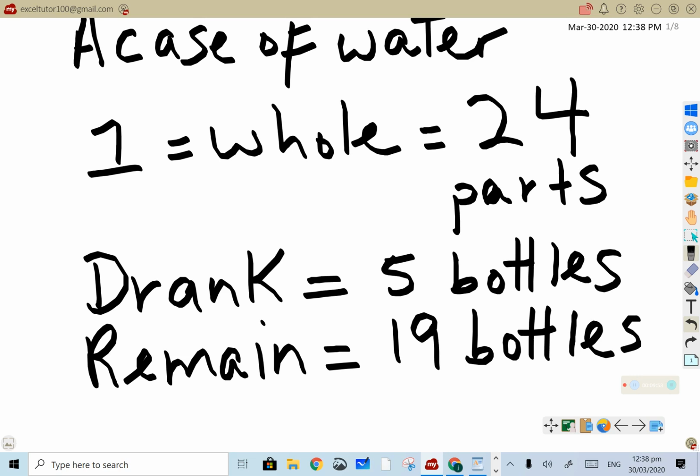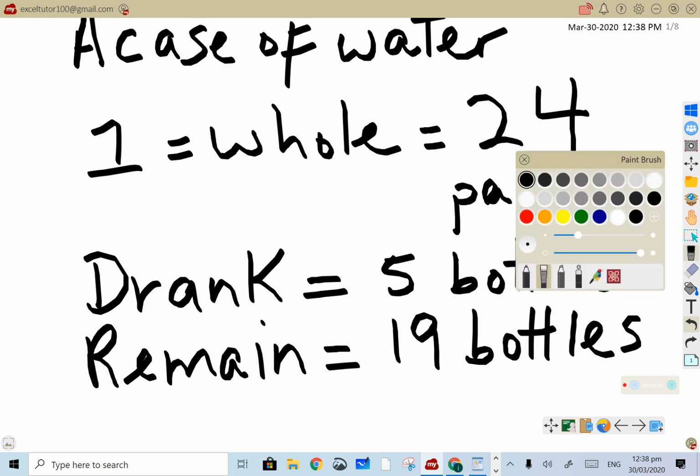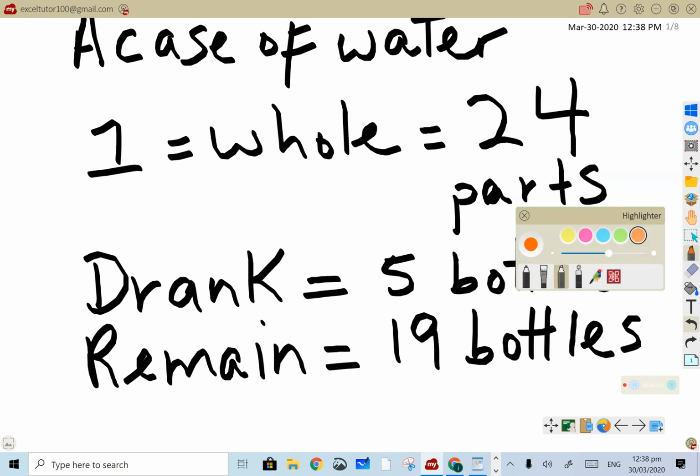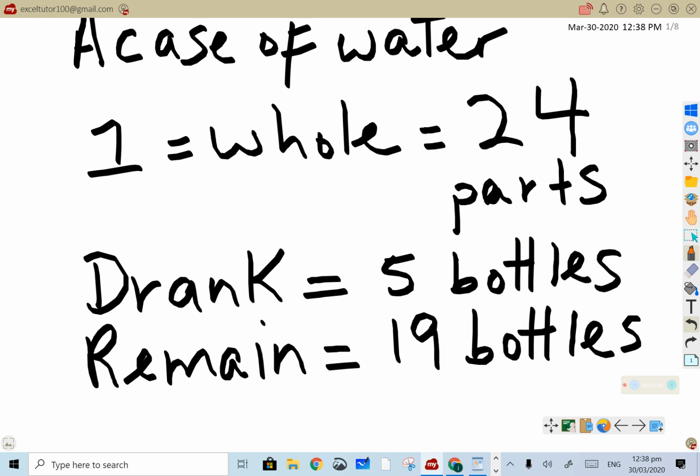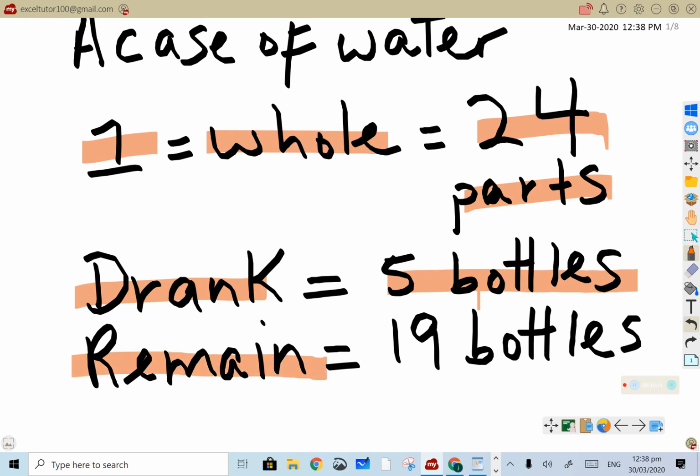Okay, so again we're looking at something right in our household, a case of water. 1 is equal to a whole, which is 24 parts. You drank 5 bottles, which is a fraction of the whole, and what remained was 19 bottles, which is also another fraction.